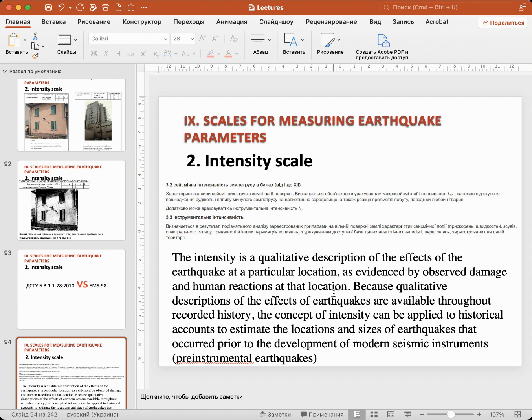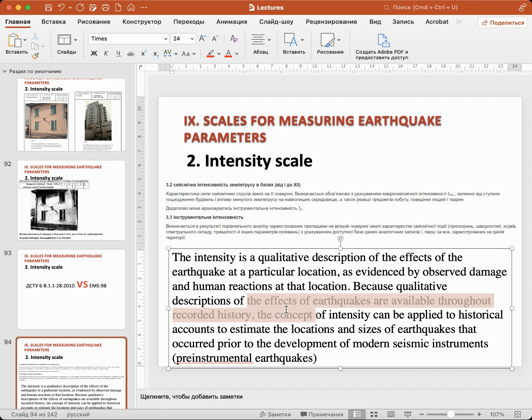It is only a qualitative description of the effects of earthquakes that are available through recorded history. The concept of intensity can be applied to historical accounts to estimate the locations and size of earthquakes that occurred prior to the development of modern seismic measurement.